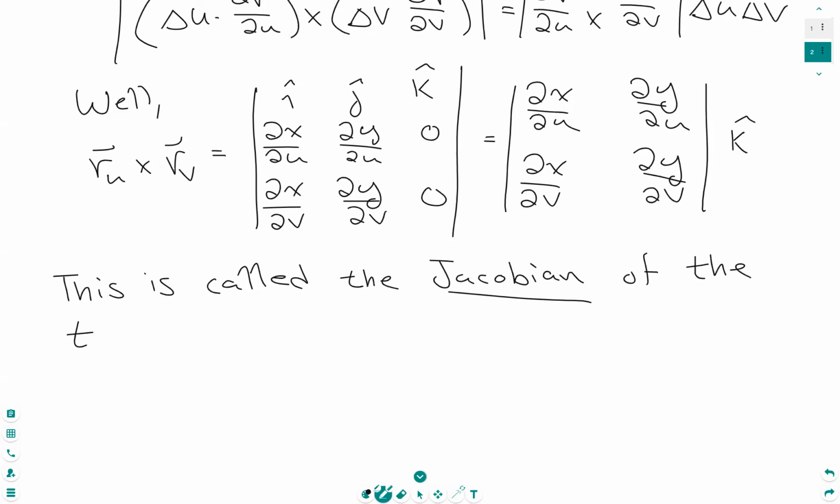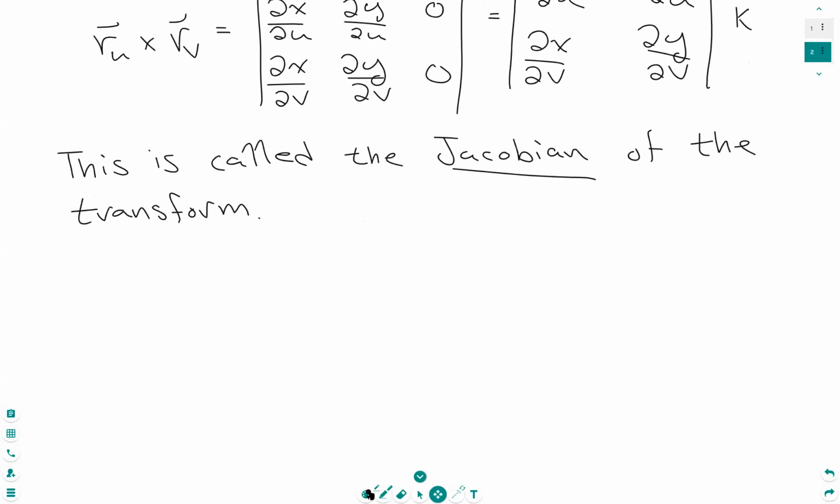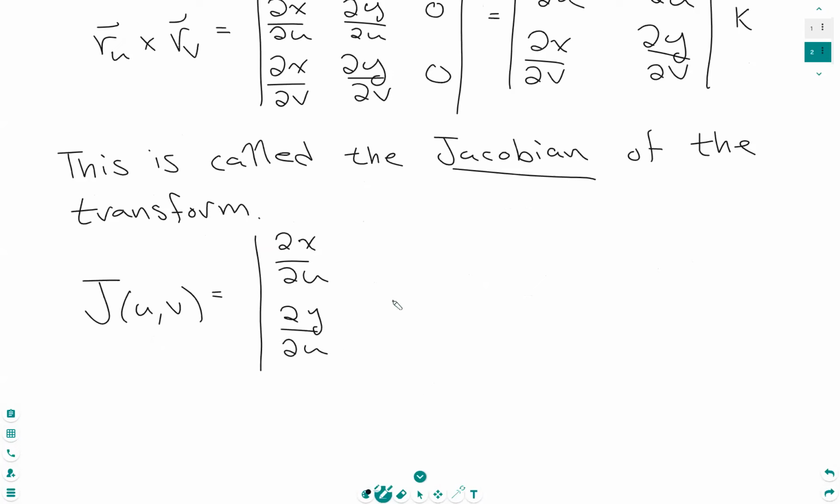Of the transform. So if we have some information about how x and y relate to u and v, we can define the Jacobian for 2 dimensions as J of u and v, equal to the determinant of partial x partial u, partial y partial u, partial x partial v, and partial y partial v.